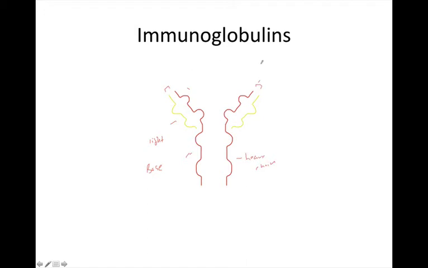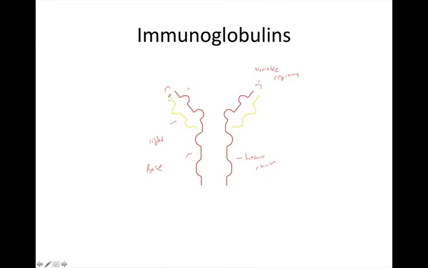These are what are called the variable regions. If this was an immunology class, we'd be breaking this down more in depth, because there's a variable region and also a hypervariable region found within the end of these antibodies. But because this is AMP, we're just going to keep it more general.